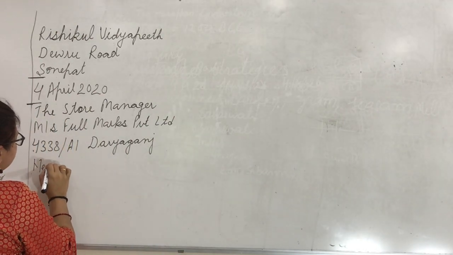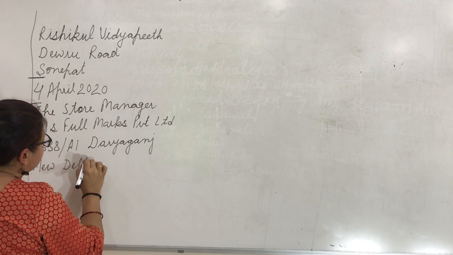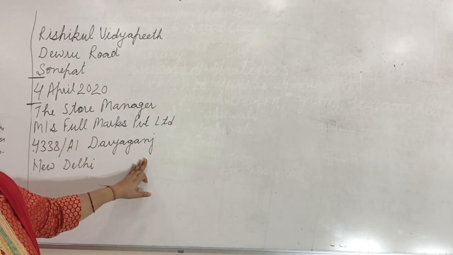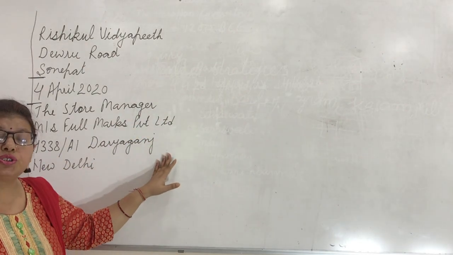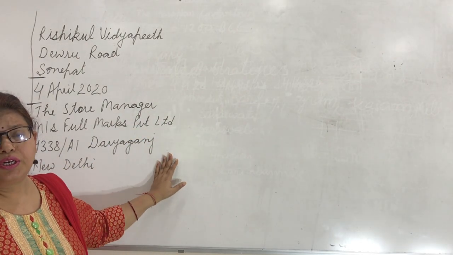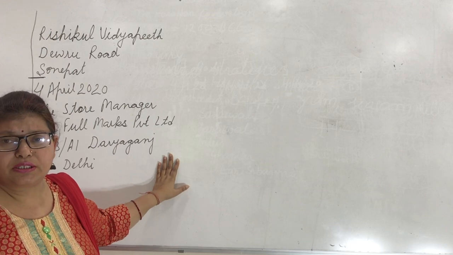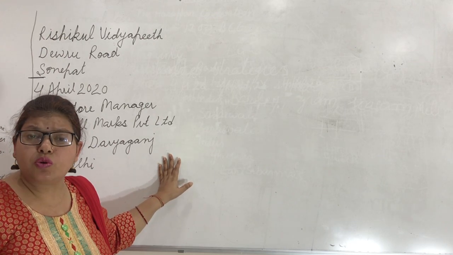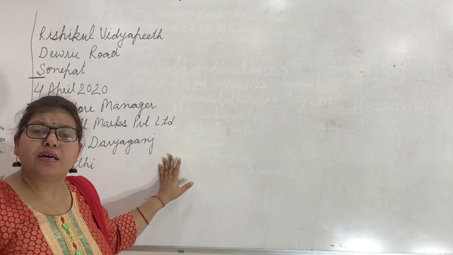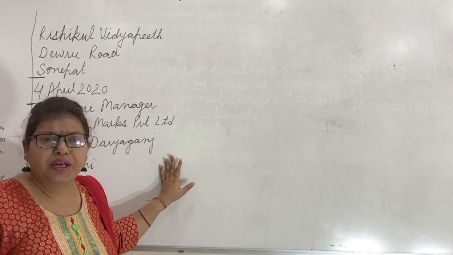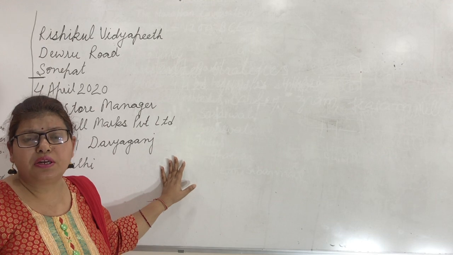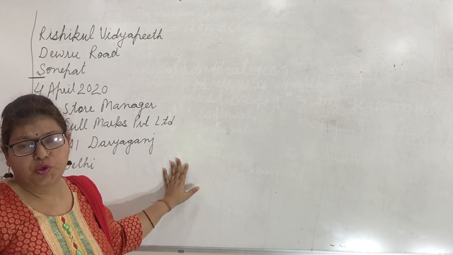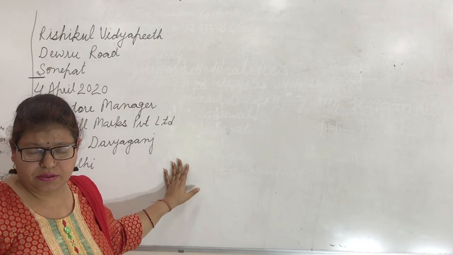So we are writing the address of the publishing house. Here there can be a question in the minds of children: can we write the address as we wish, or are we supposed to follow certain rules? My answer is, if the address is given in the question, you are supposed to write the same address.